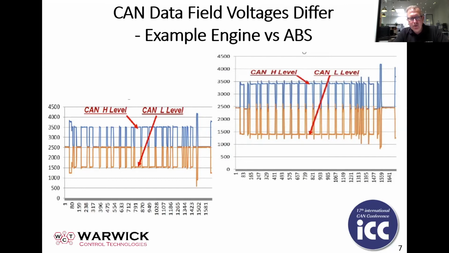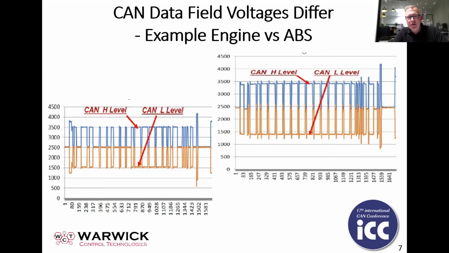The CAN high level, shown in blue, has an average level for the dominant part of the CAN frame sitting around the 3,500 millivolt level. The dominant part of the CAN low signal, shown in the orangey brown, is around, or slightly above, the 1,500 millivolt level.